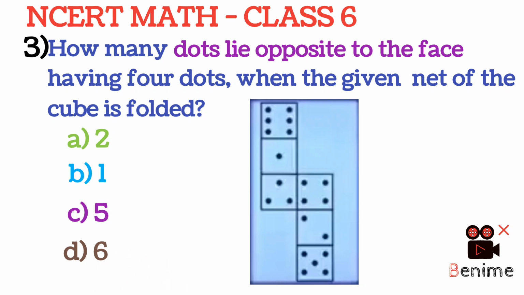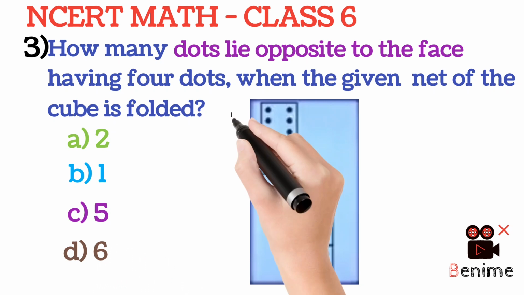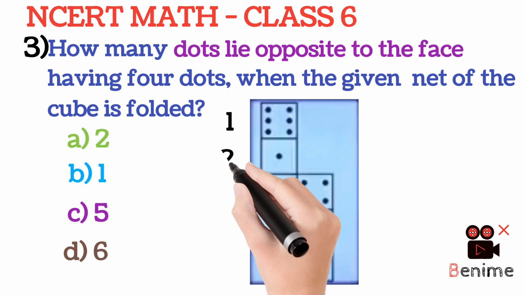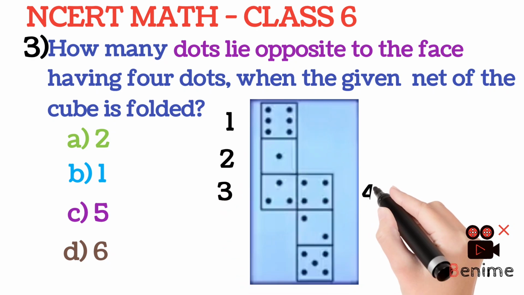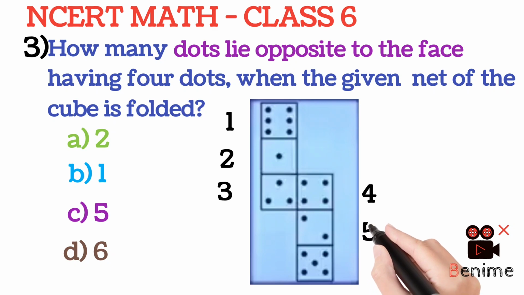So they are asking about the opposite side of the 4 dotted dice, which number it will contain. So you have to fold it like the 1, 2, 3 have been given, right? Consider a dice having 6 sides. Those 6 sides are nothing but having dots 1, 2, 3, 4, 5, 6.